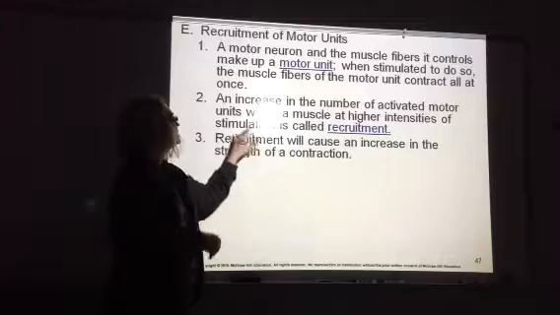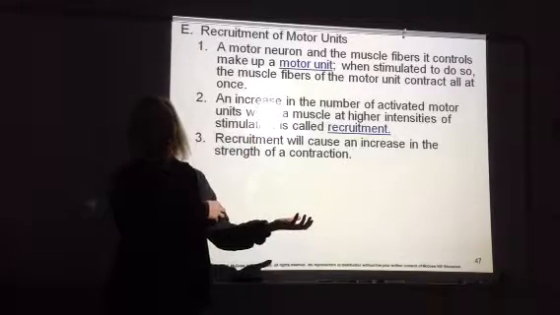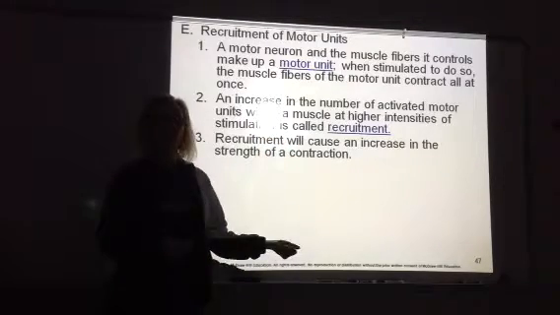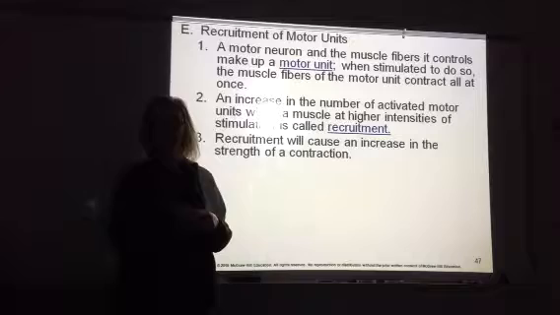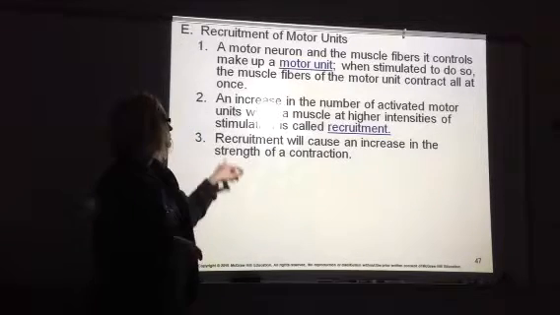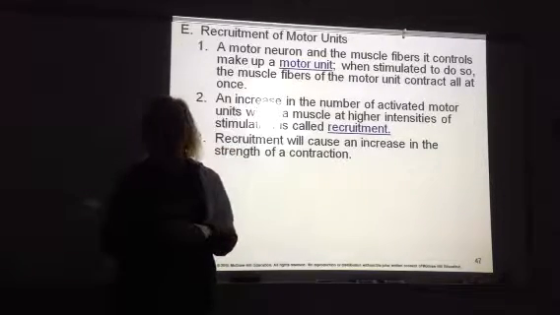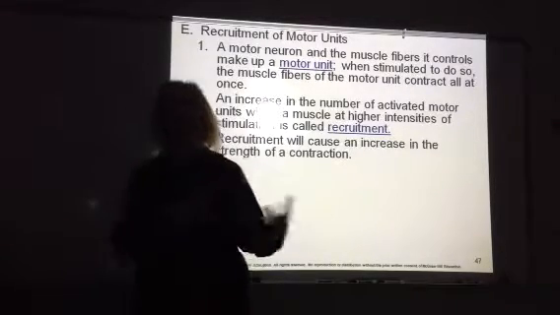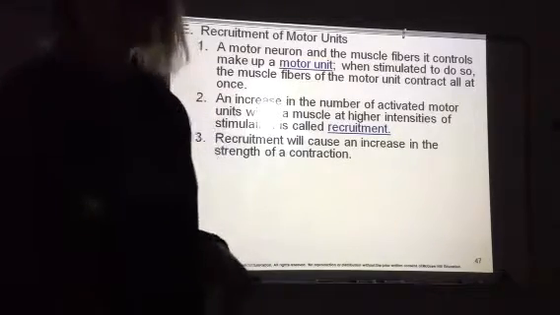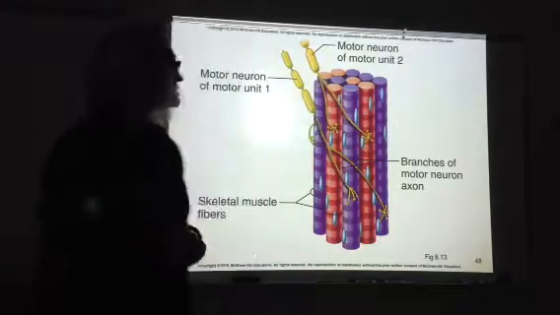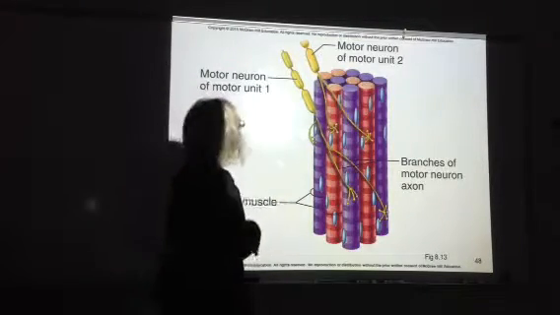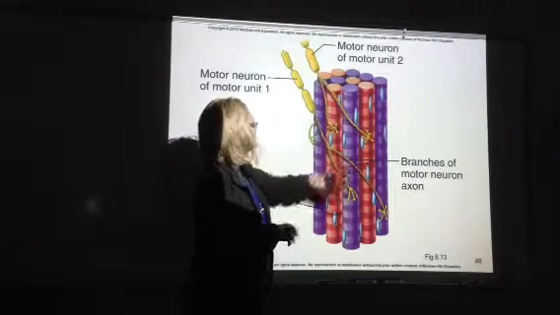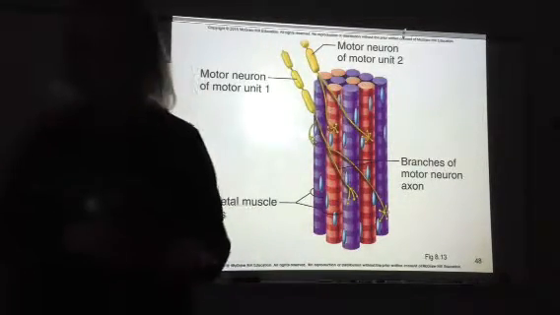When I start to lift something heavy, if a few fibers aren't going to work, the body will recruit more, bringing in more muscle fibers to help lift something heavy. Recruitment will cause an increase in the strength of the contraction because you have more muscle fibers helping. This is just a picture of a motor unit. You can see the nervous system, the motor neuron coming in, and how it attaches to the muscle fibers.